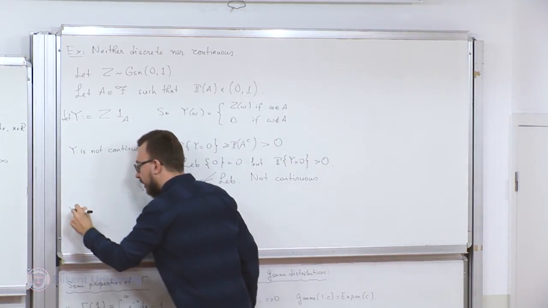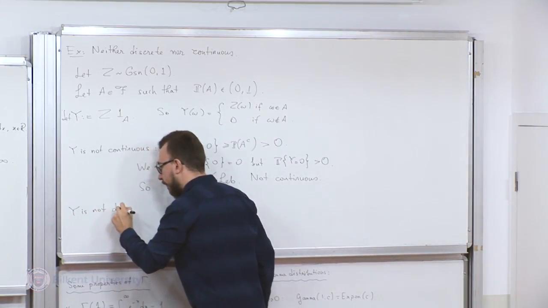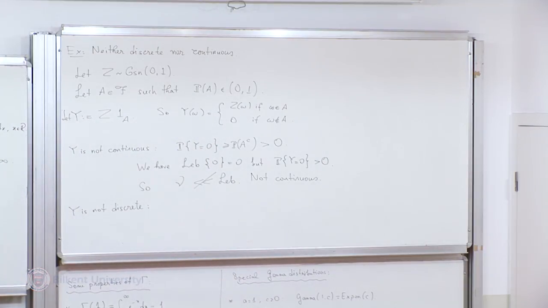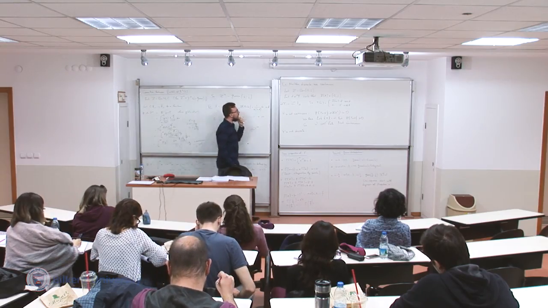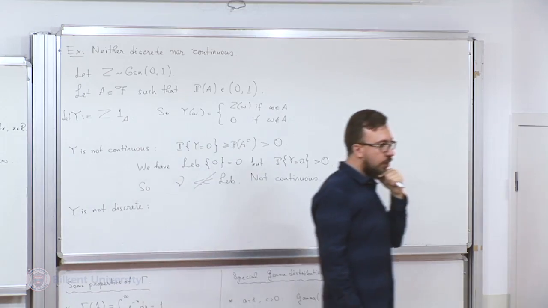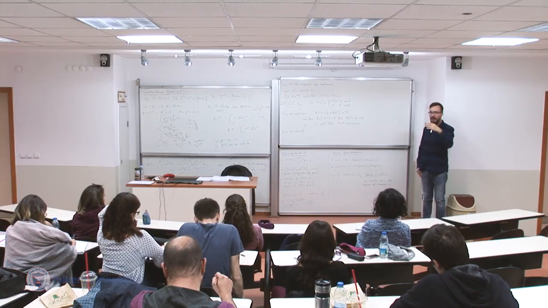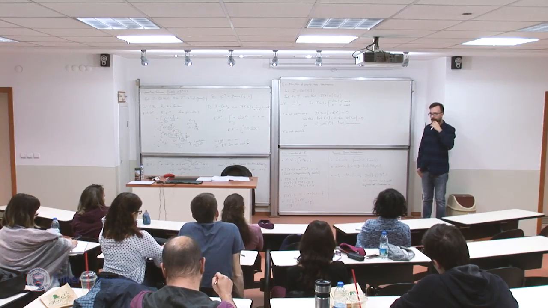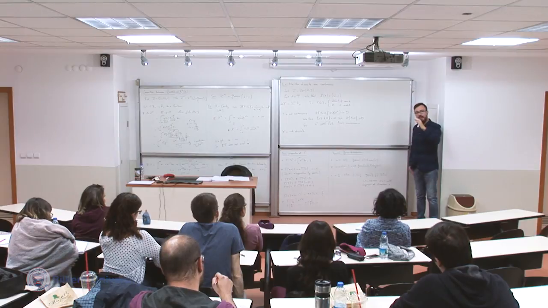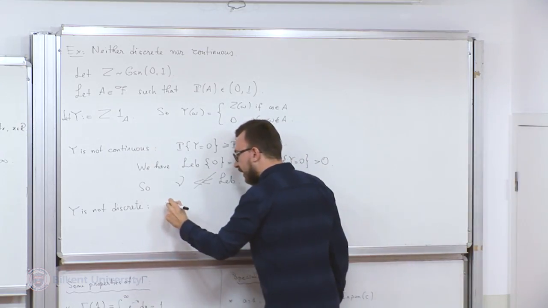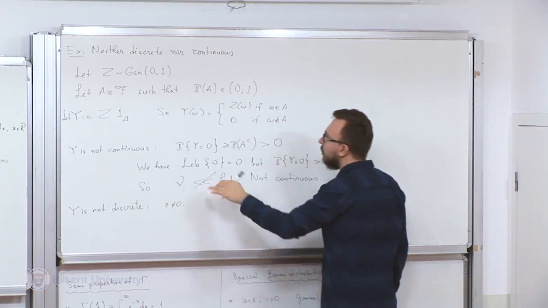The next thing is that Y is not discrete. In other words, we're going to show that there is no countable set in which Y takes values with probability 1. So let's look at every singleton. First, look at a singleton that is different from 0. 0 is a special case.